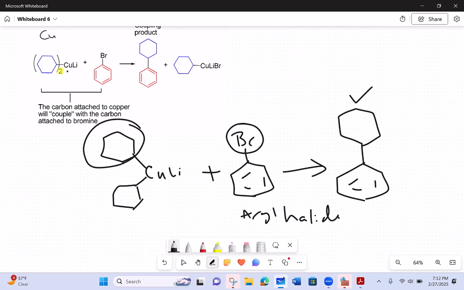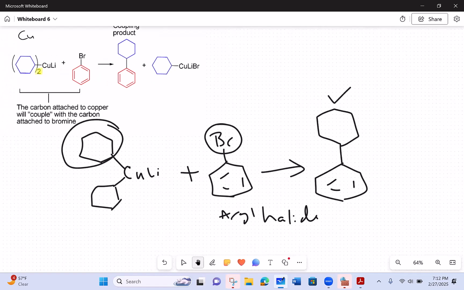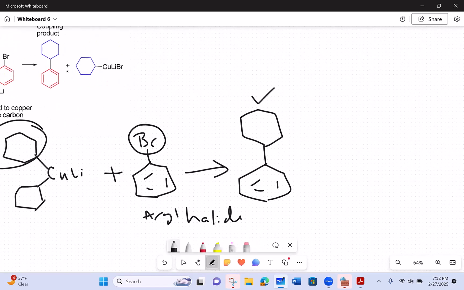And then what's left over is this: copper with one group attached. So when we say only one group transfers, that's what I'm talking about. It has 2, but when it does the coupling, only one of those groups couples and the other one stays back with copper.